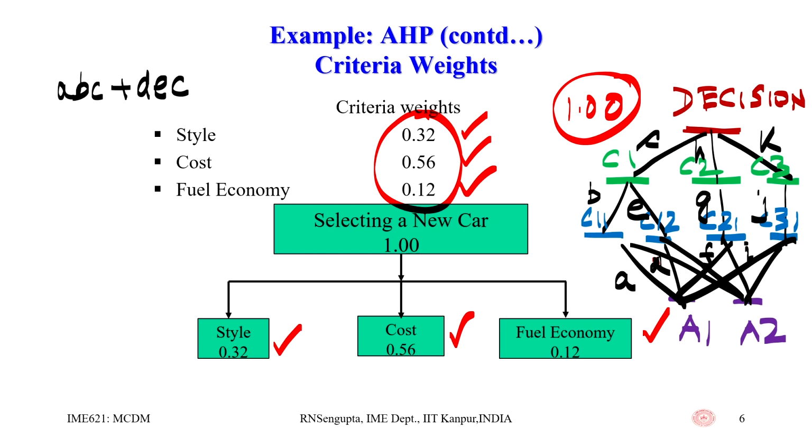The next route would be plus F, G, H, which is capital A1 to capital C21 to C2 and the final decision. And finally, the last one would be I into J into K, which is from capital A1 to C31 to C3 to the decision.